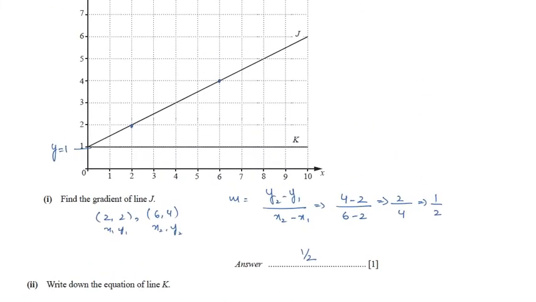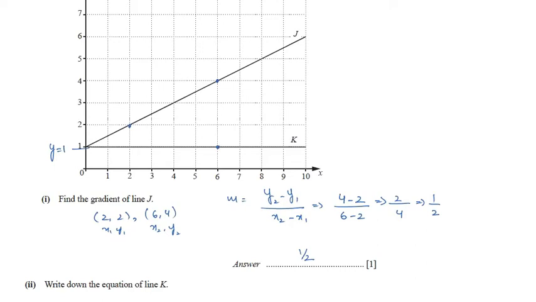When we mark this point 6, 1, if we draw a straight vertical line, for example, here we have a triangle enclosed by J, K, and if we call this line L, see here the base of this triangle is 6.